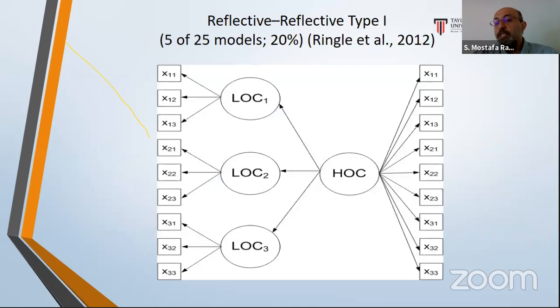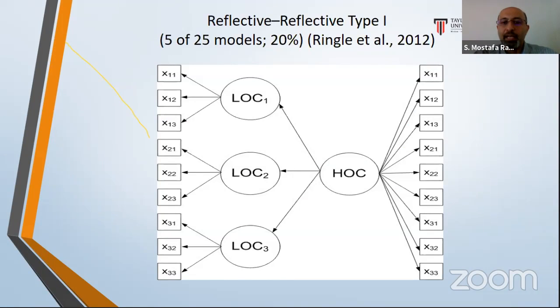Okay, when we decide to create a higher order construct, especially in PLS, because PLS is not possible to have a construct without any item. When we say higher order construct, it means we measure this construct based on some dimensions.